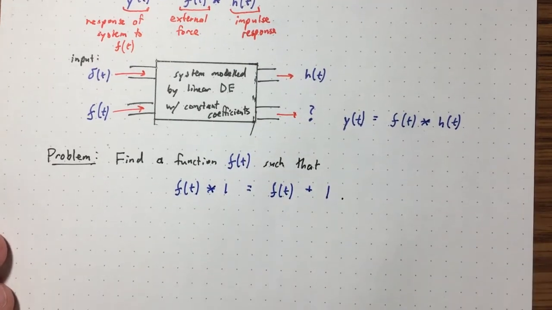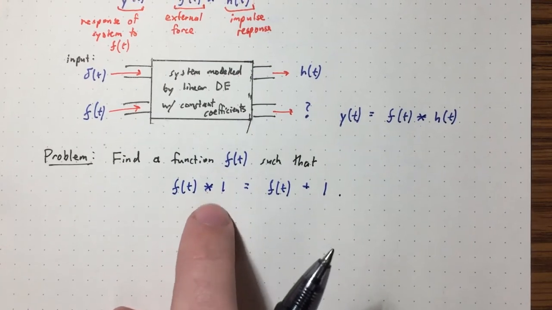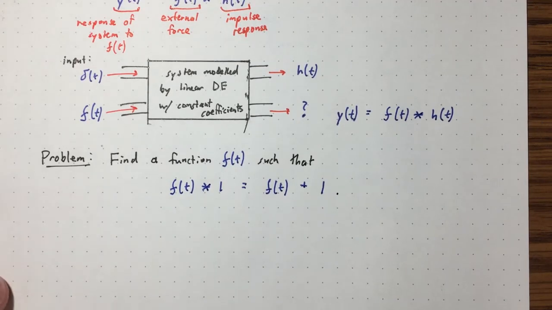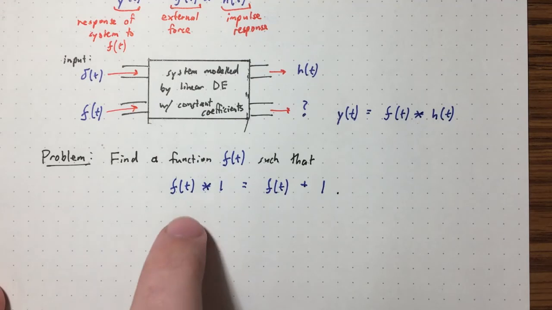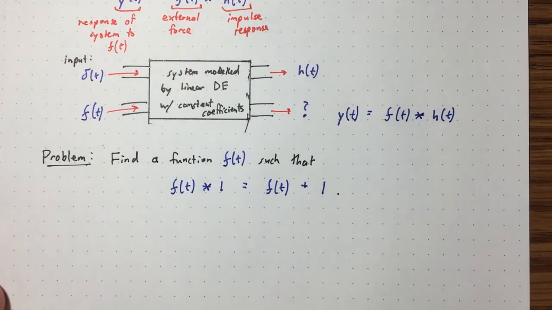Of course, this is not always true for convolution. It's not just the same as adding the two functions. But see if you can find a function f of t such that these are the same thing. And feel free to pause the video, try to work through it yourself, and then I'll work through it in a bit.